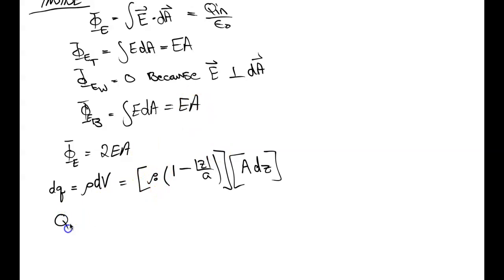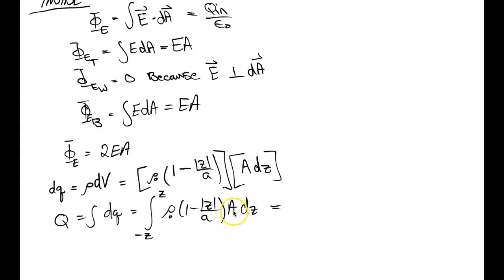The charge itself is the integral of dq, which is the integral from minus z to z of rho naught times 1 minus absolute value of z over a, times A dz.